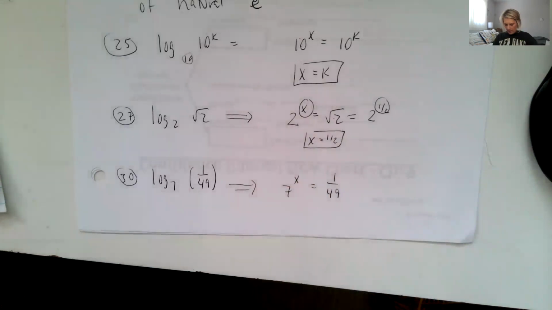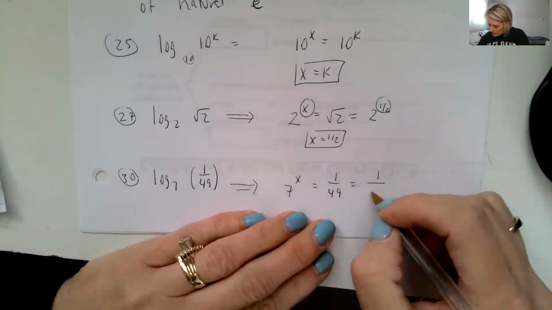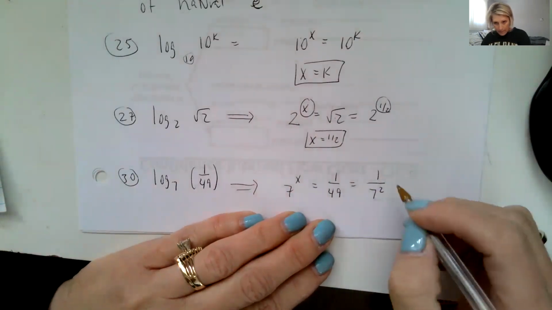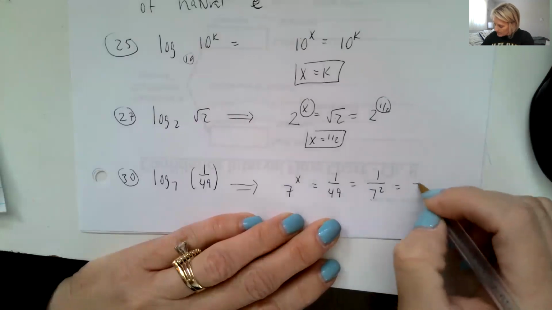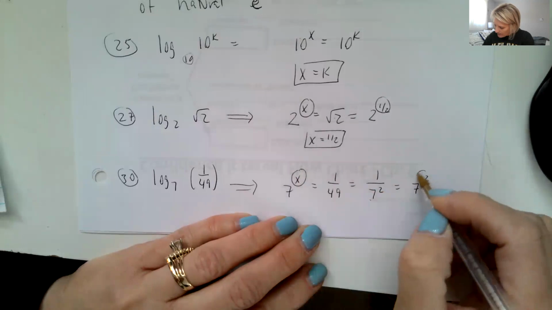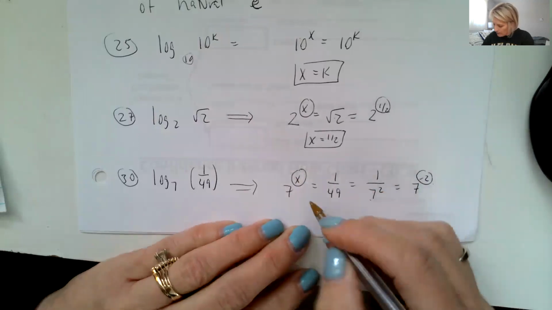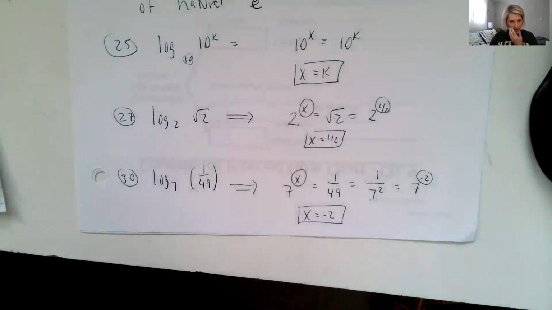And I know that 49 is 7 squared, so this is really 1/7 squared. And I know that when my square is in the denominator, it's really 7 to the -2 in the numerator. So now I can make the connection that x must be equal to -2. These are fun to think about and look at.